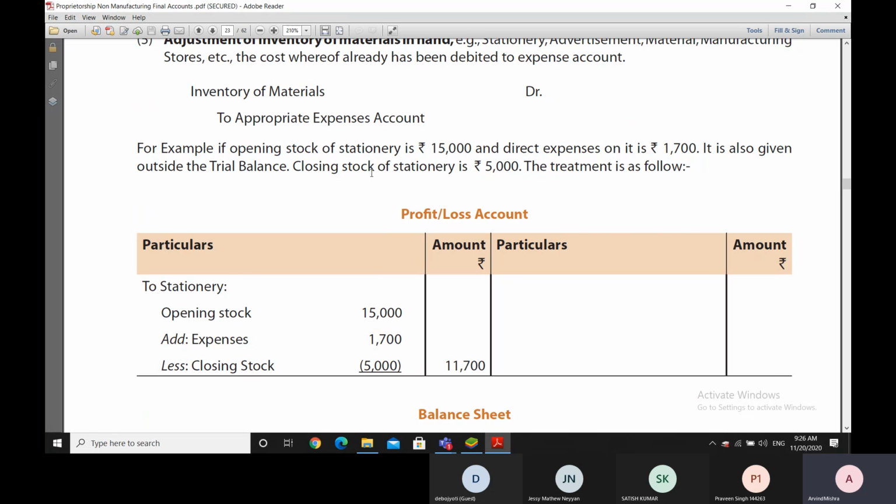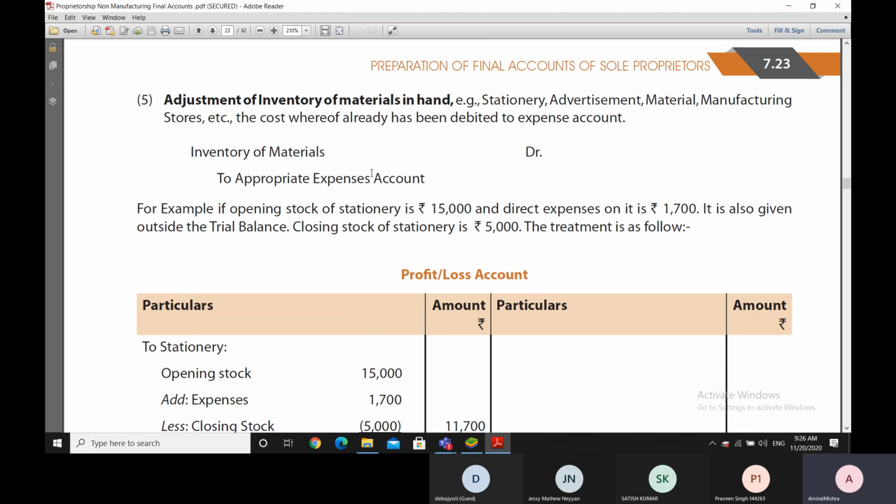So in a way, we should understand it as if this expenditure is being moved to the profit and loss account, because we need to treat it as a stationery expenditure and we don't need to treat it as part of our inventory.